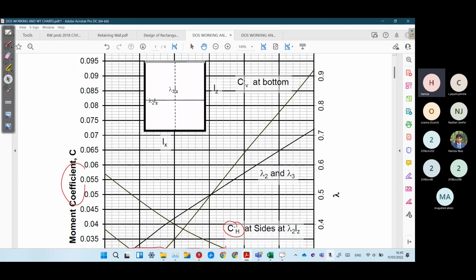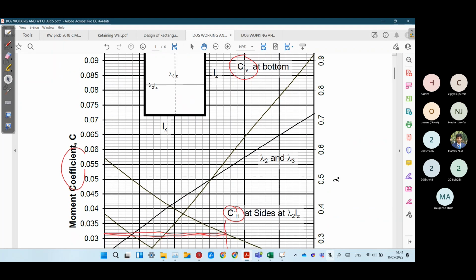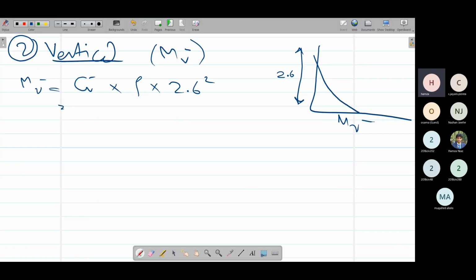This is the CV negative chart. So approximately 0.0057 into 25 into 2.6 square.